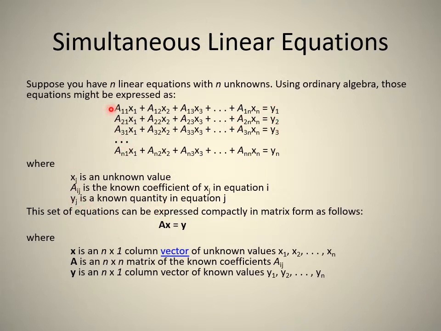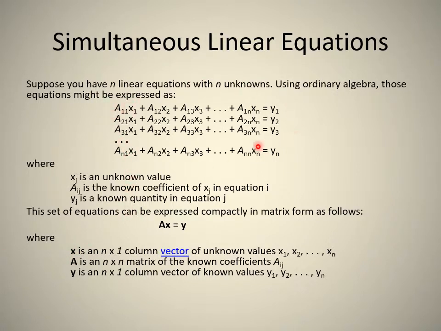So these are the coefficients. A would then be called a coefficient, and obviously x1, x2, x3 would be our unknown values. And then y is the known quantity. We also talk about the right-hand side of the equal sign.